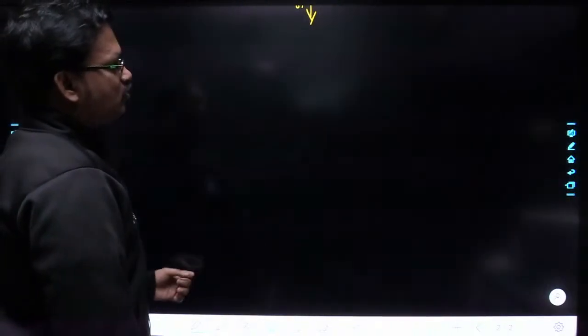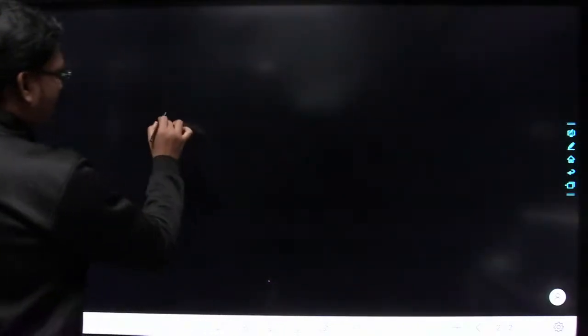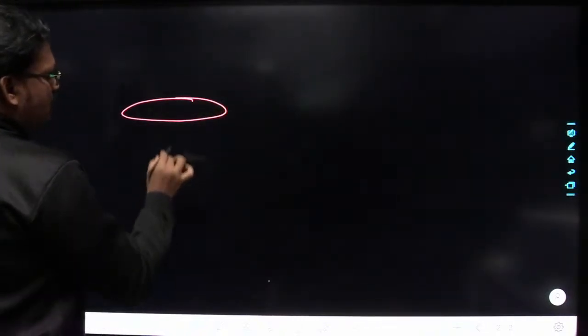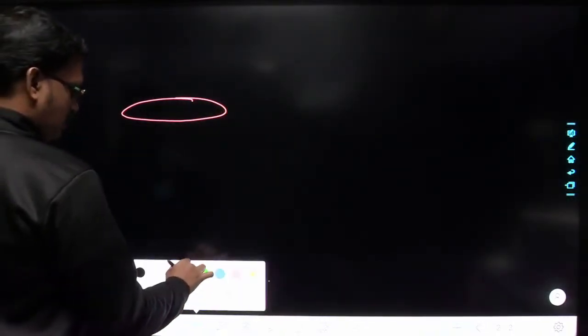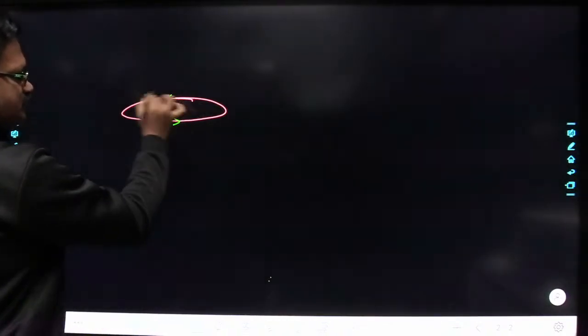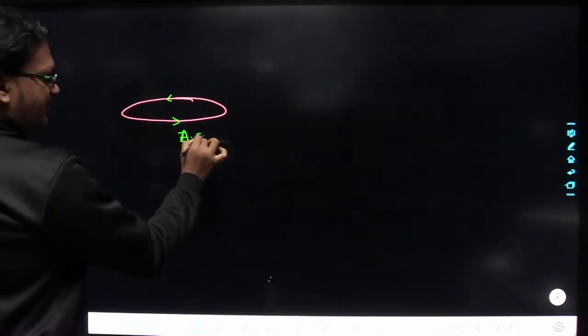Now, one more thing I want to specify. Generally, whenever we consider a loop like this, and the current is flowing like this, I am calling this the anti-clockwise direction.